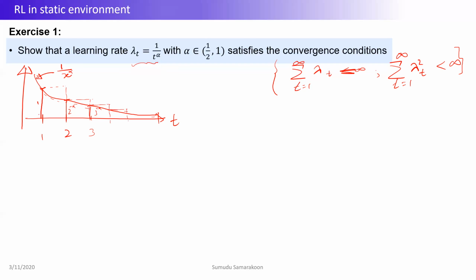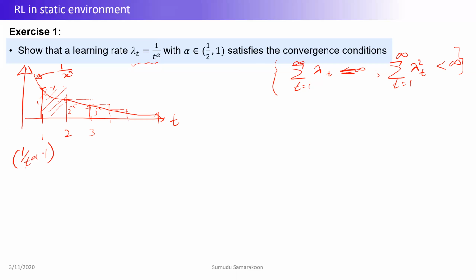So they will appear. If we consider all of these rectangles, they have a width of unit 1 and a height corresponding to 1 over t to the power alpha. So the area of any randomly selected rectangle would be 1 over t to the power alpha into 1, so technically 1 over t to the power alpha.